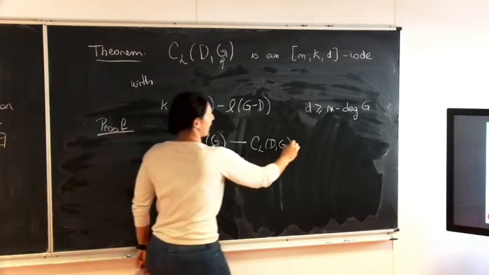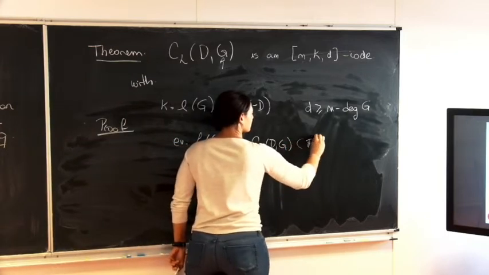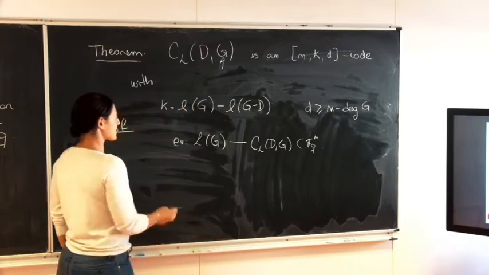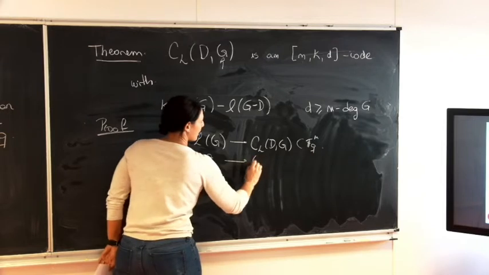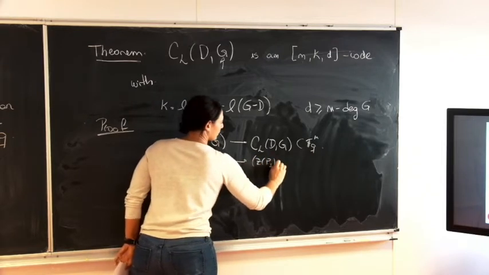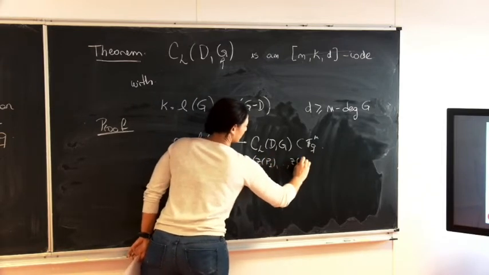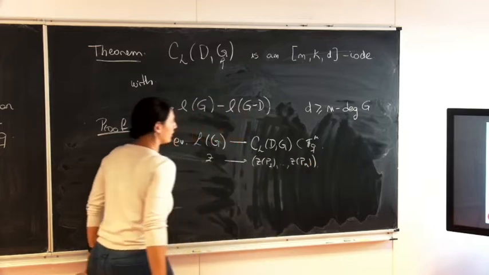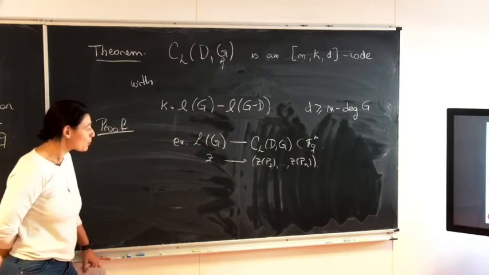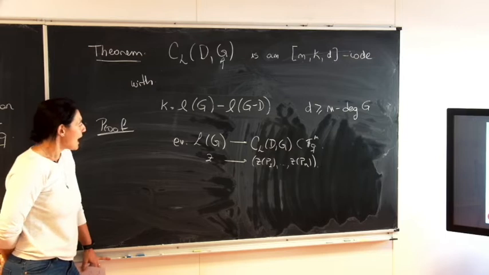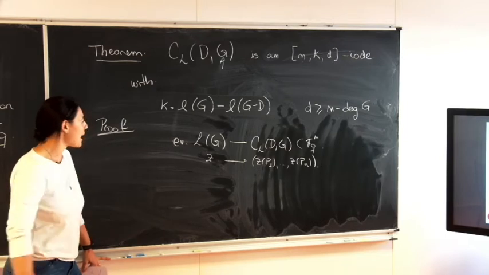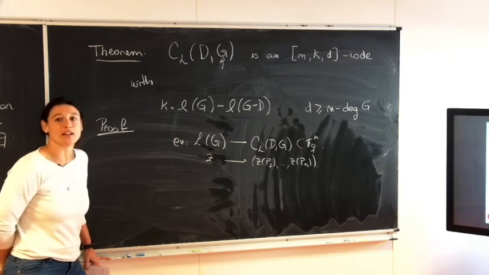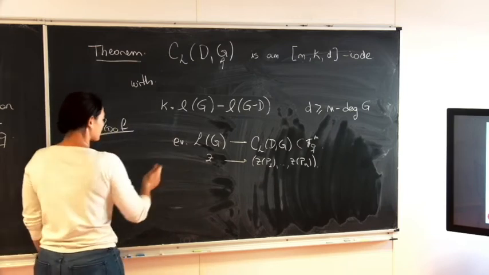This is inside Fq to the n, of course, such that for each function in the Riemann-Roch space, I get the evaluation at the elements in the support of D. And so this is a linear map. And what about the kernel of this map?